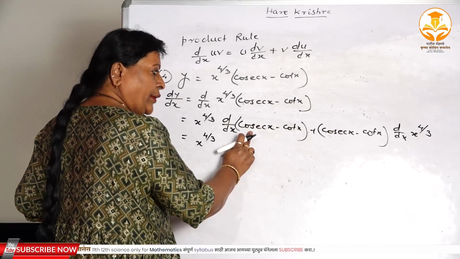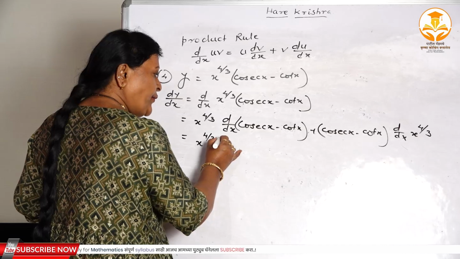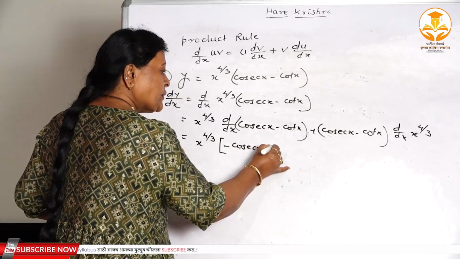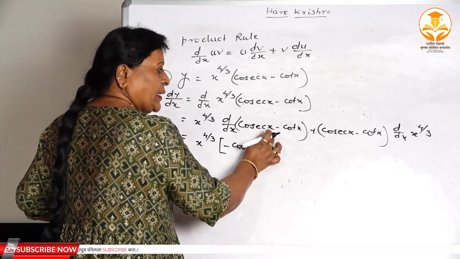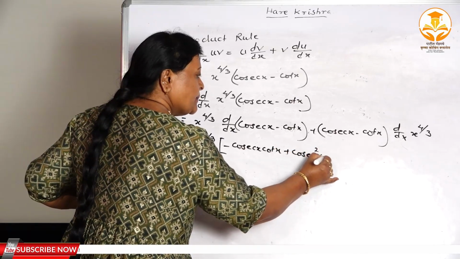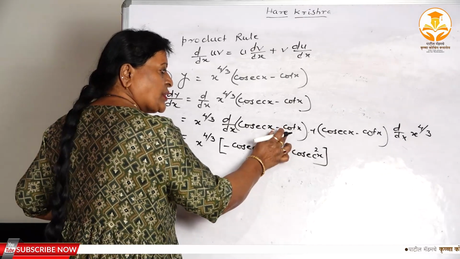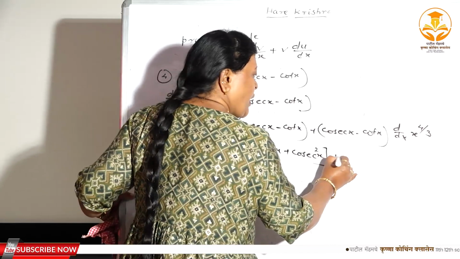Here you have to take the derivative of cosec x as well as cot x. What is the derivative of cosec x? Minus cosec x into cot x. And what is the derivative of cot x? Minus cosec square x. This minus, that minus, minus minus plus cosec square x. Isn't it? So the derivative of cot x is minus cosec square x, this minus and that minus, minus minus plus.